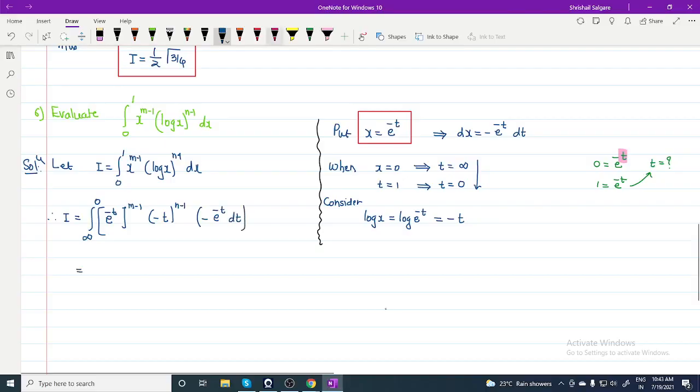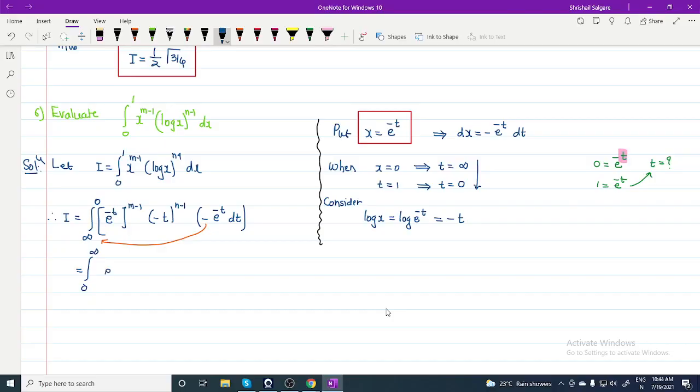Remember, I always use this negative sign to change the limits of the integral. If I use this negative sign to change the limits, what will the limits be? 0 to infinity. This negative sign is absorbed.